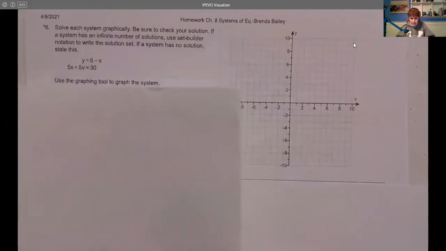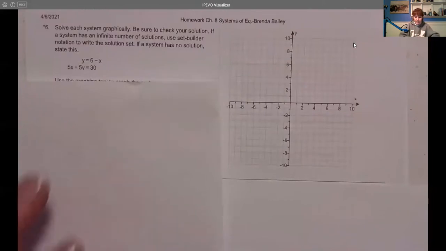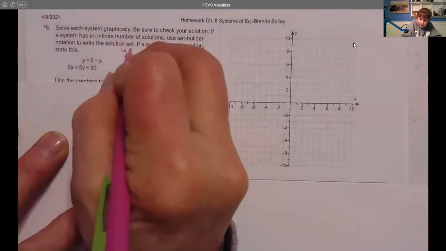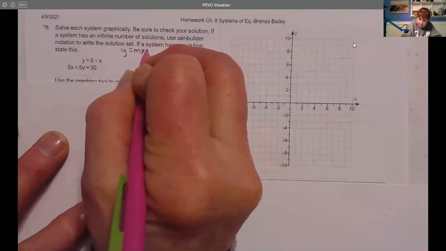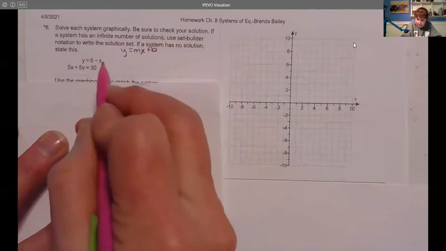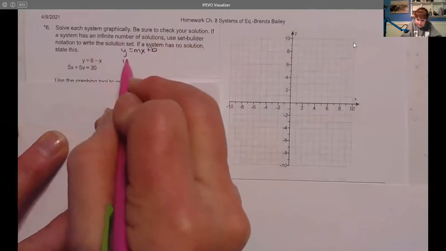The first one might look a little confusing to graph when you first look at it. But all I'm going to do is take that negative x and put it in front of the 6 so that it matches our y equals mx plus b. I like having that x term in front.